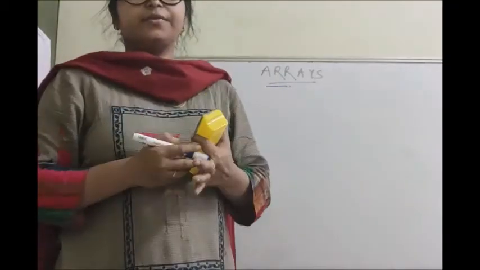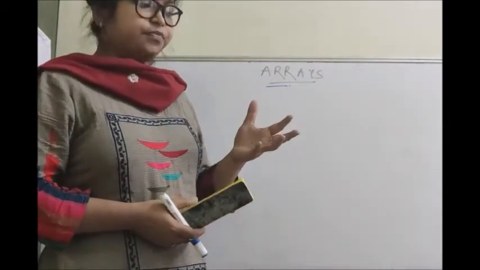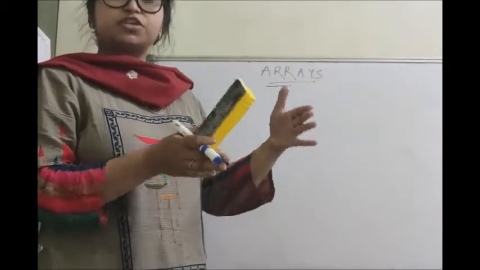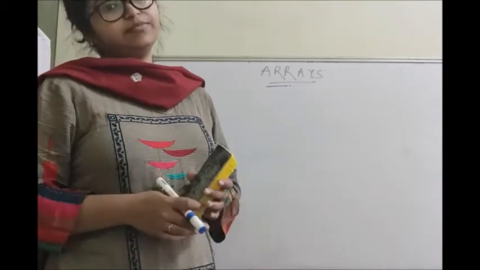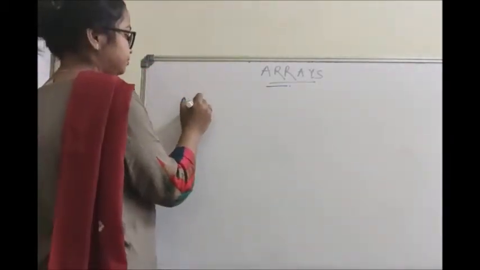Talking about array, we already studied this during computer application. Array is contiguous memory locations which can store multiple data of the same data type. So what is the formal definition of array?